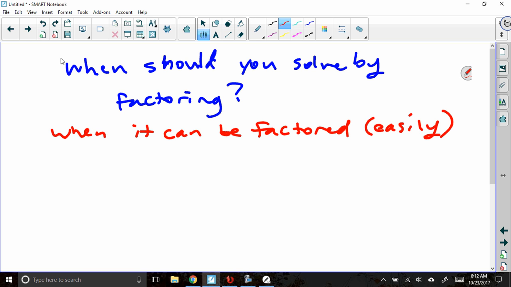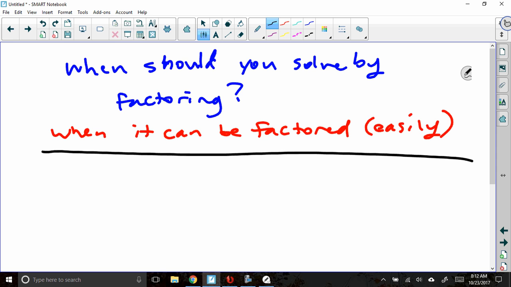So at this point, I'm going to ask the question, when should you solve by graphing?